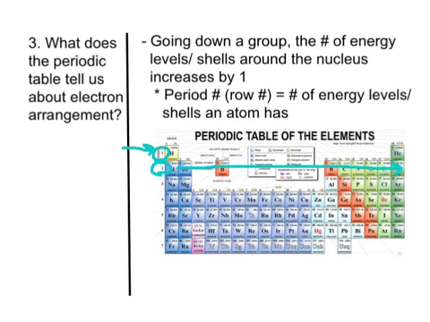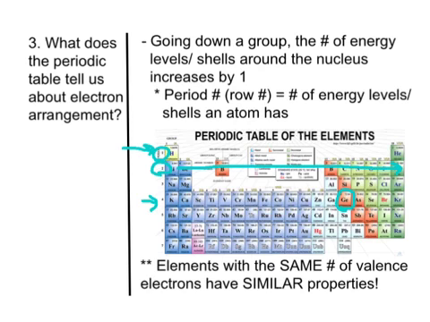If I asked you to create an atom for germanium right here, you could just look at period 4 and know that you're going to have 4 rings around the nucleus for germanium.